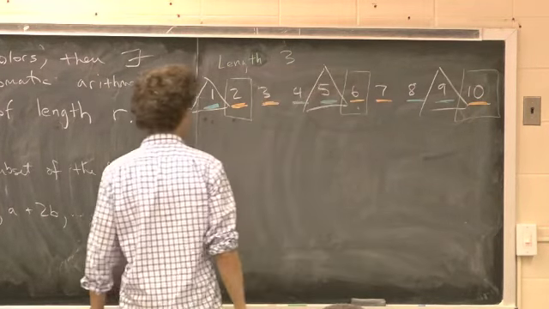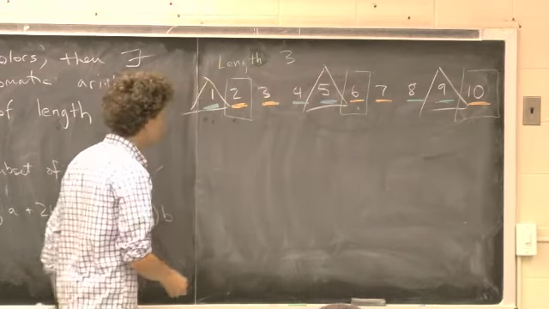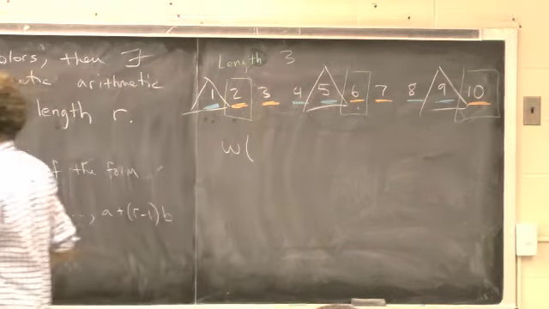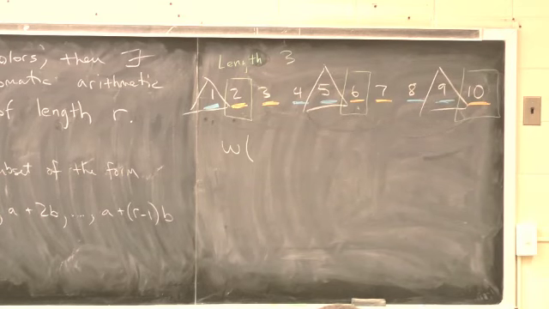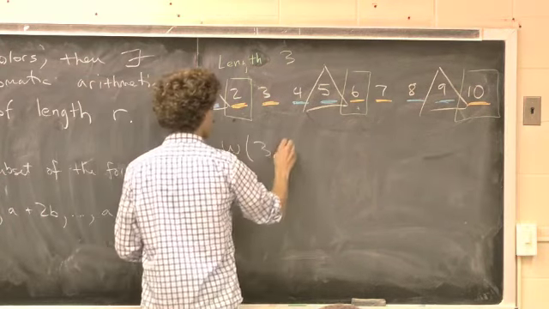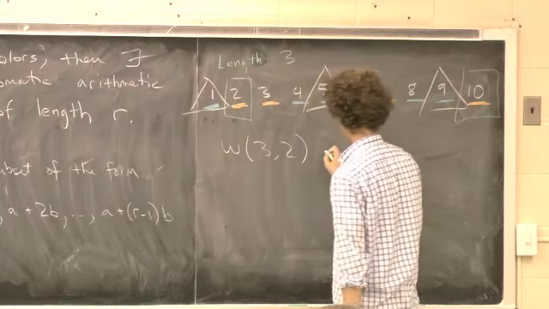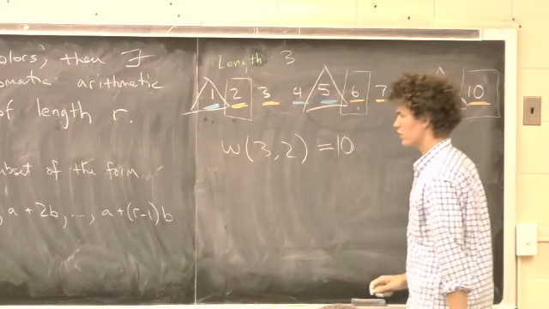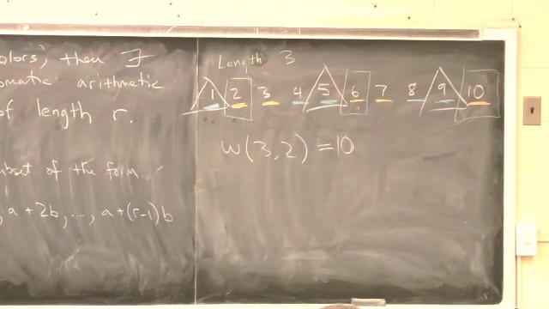Okay, cool. So, does this mean that W, let's see, this is going to confuse me all the time. Length 3, 2 colors. So does this mean it equals 10? Well, I didn't say this, but I want this to be the smallest number.